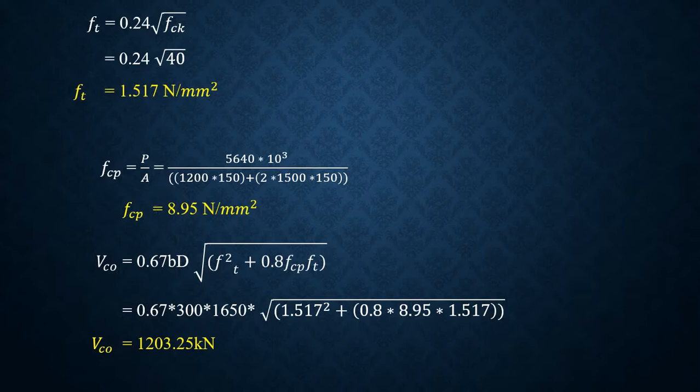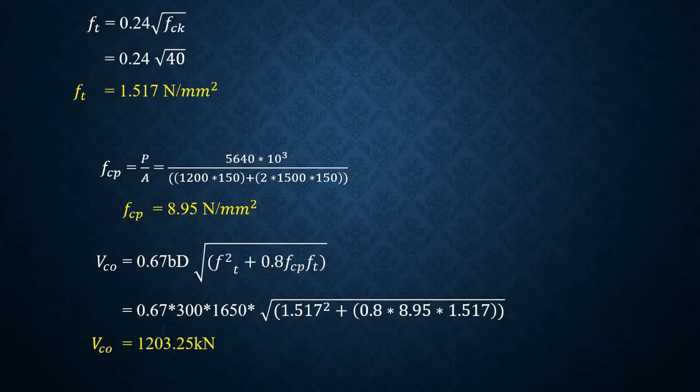Now we know all the values. We can use those values in the formula. VCO is equal to 0.67 B into D into whole root of FT square plus 0.8 FCP into FT.